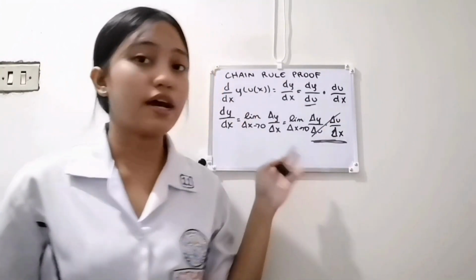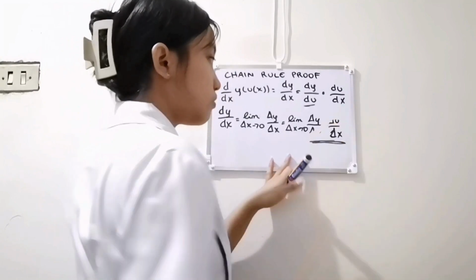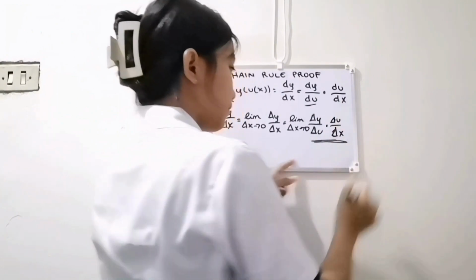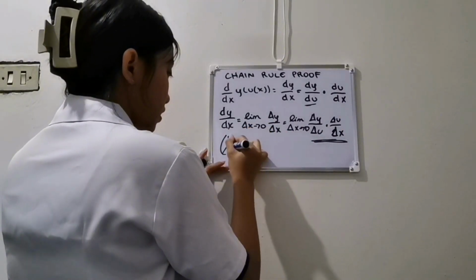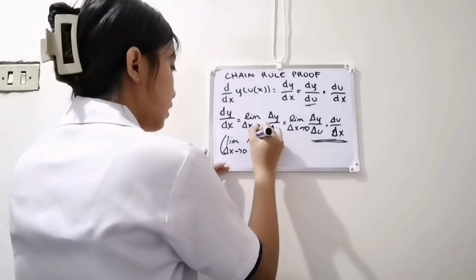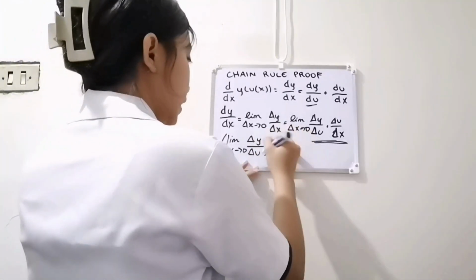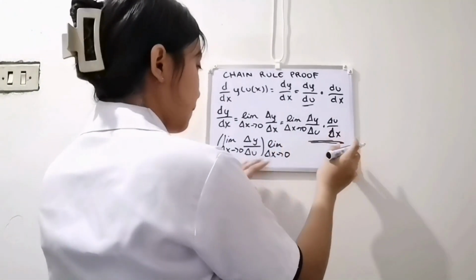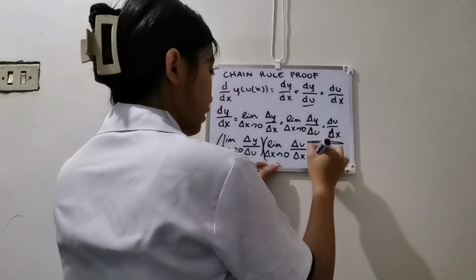But before we do that, we have to rewrite this by parenthesizing it. So the limit as delta x approaches 0 of delta y over delta u, times the limit as delta x approaches 0 of delta u over delta x.